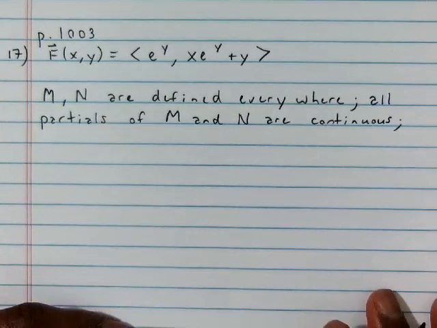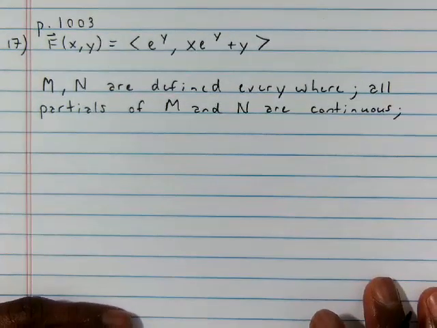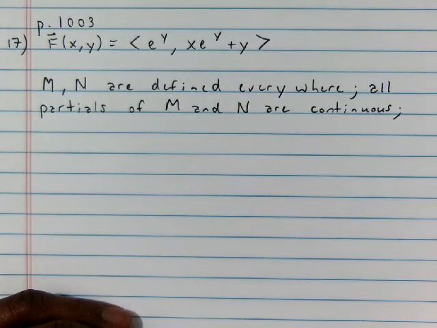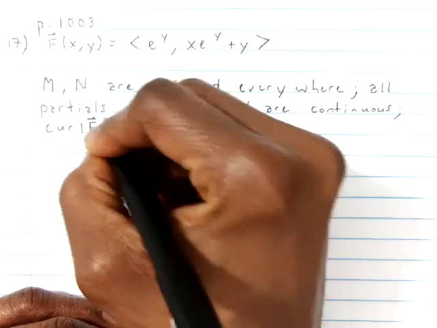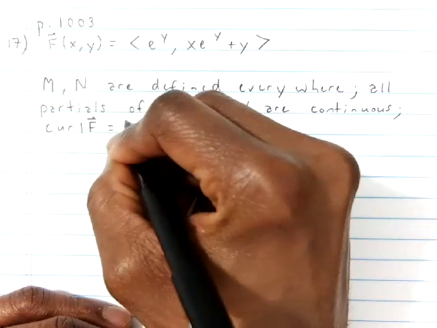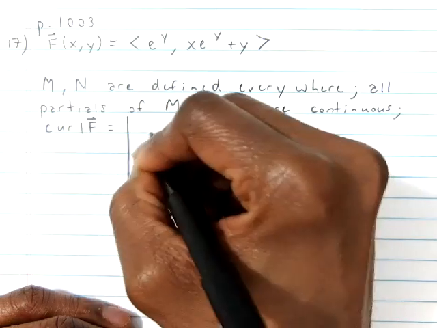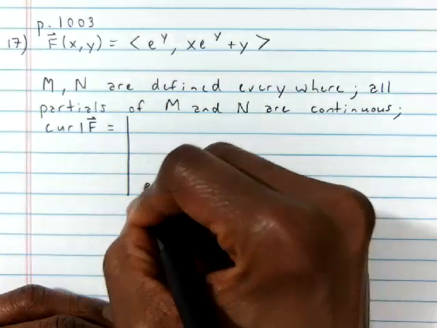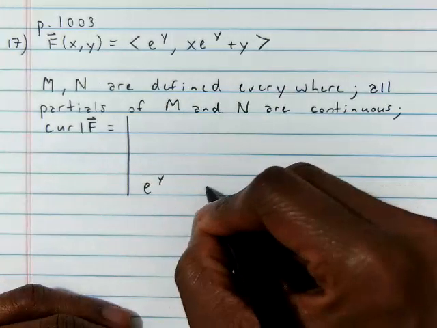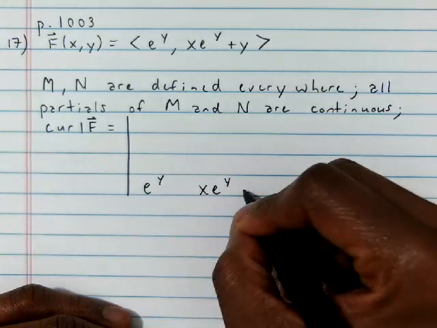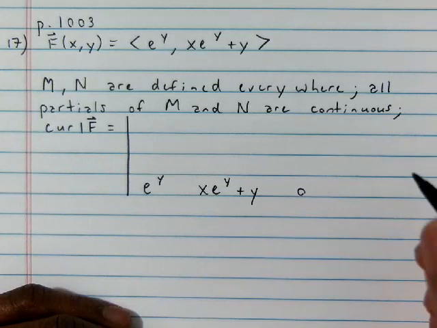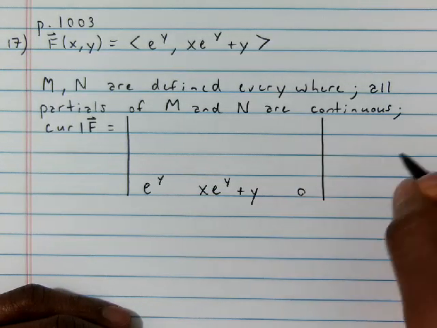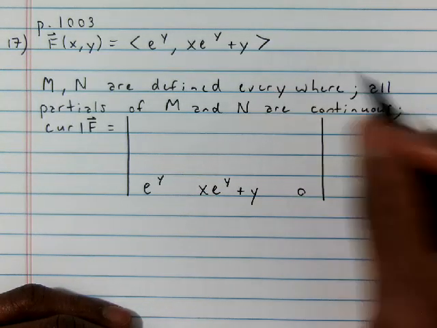And then lastly, we need to check the curl of F and see if the curl of F is equal to 0. So the curl of F equals, we have e^y, x e^y plus y, and 0, because we don't have a k component there.